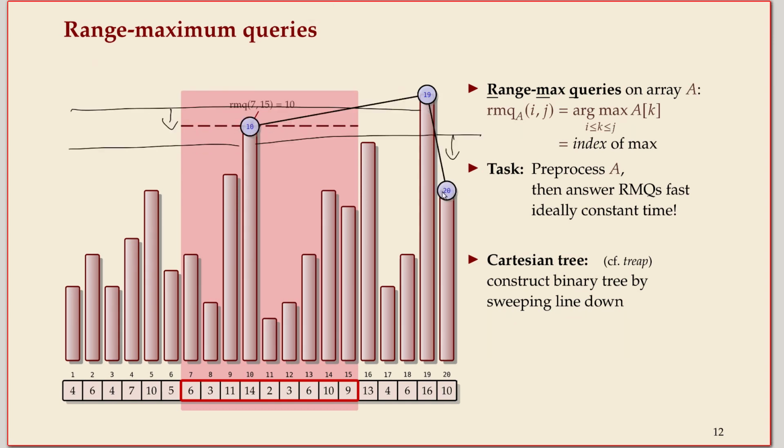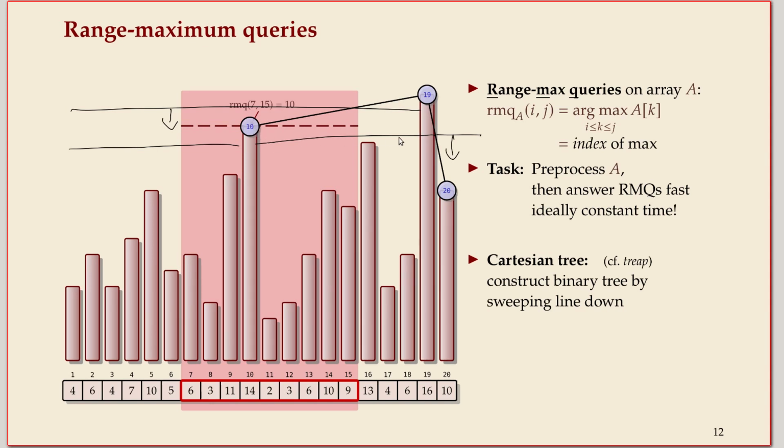And that gives us two more nodes, which are again the global maxima, but only in the range to the right of the previous node or to the left of the previous node. And as we keep going, it's not just left of a node or right of a node, it's both.